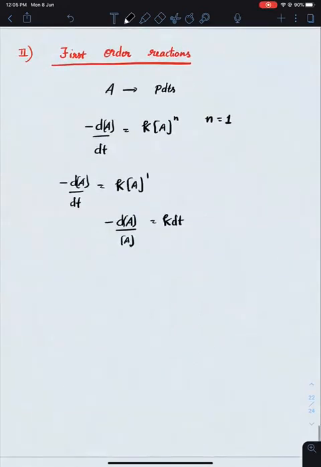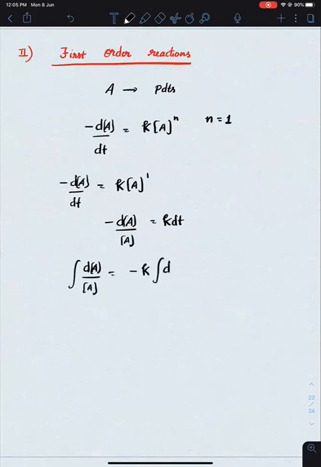लिख सकता हूँ. Or else if you are doing integration, if you want to have the integrated rate expression, integral dA upon A = minus K into integral dt, K is a constant.